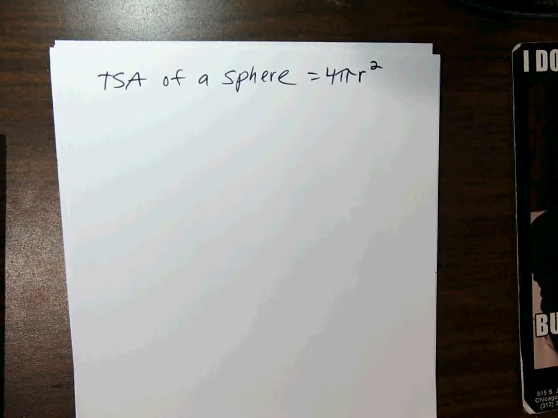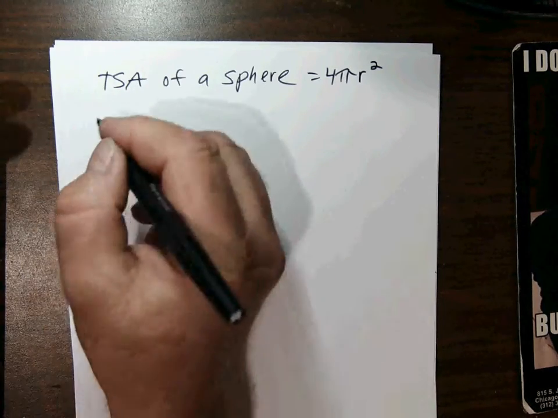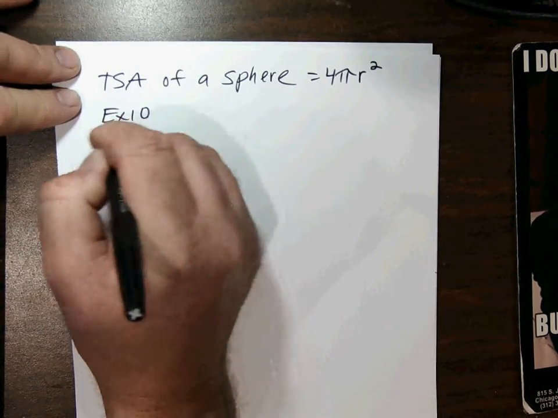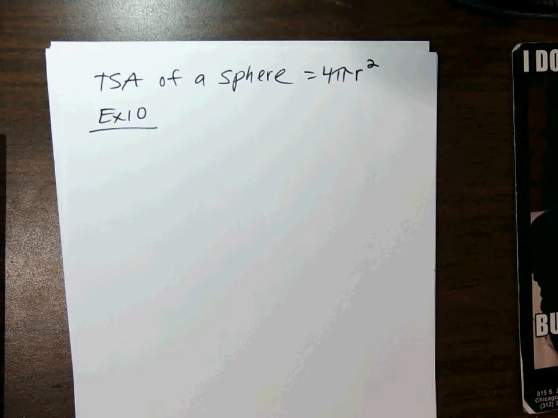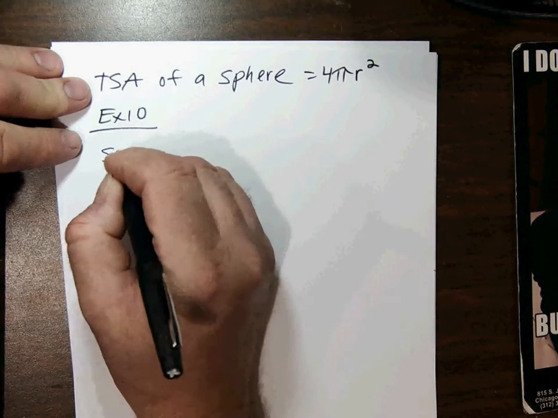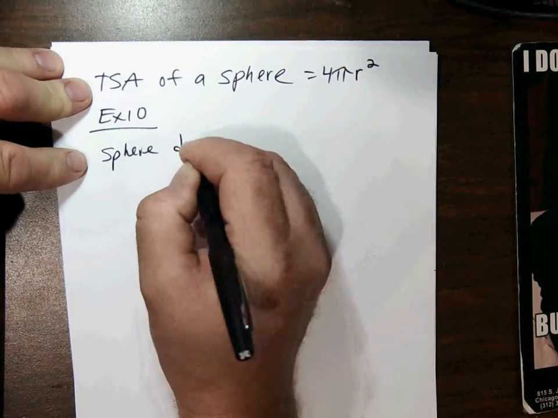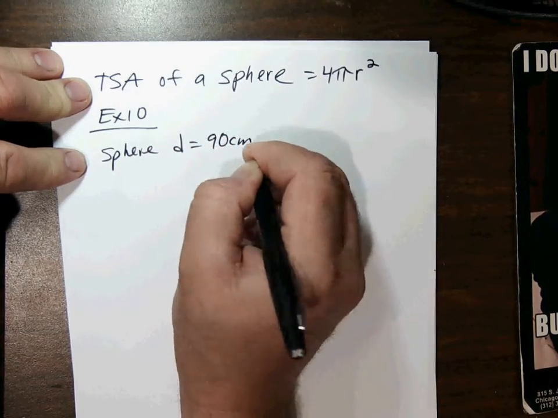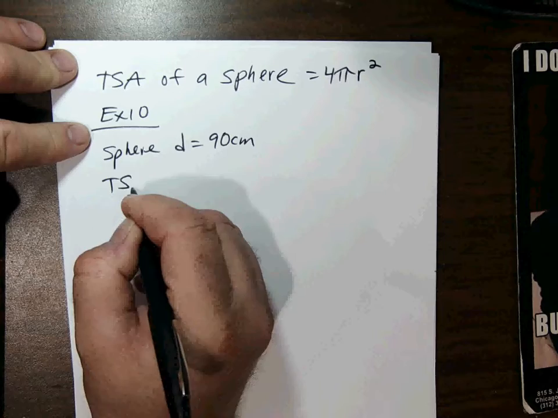4 pi r squared. Example 10 says, I've got a sphere, aha, a little trickery, with a diameter of 90 centimeters. Diameter equals 90 centimeters. Find the total surface area.